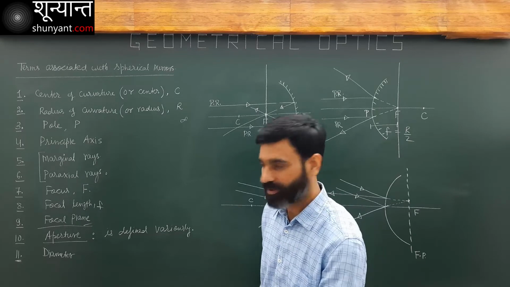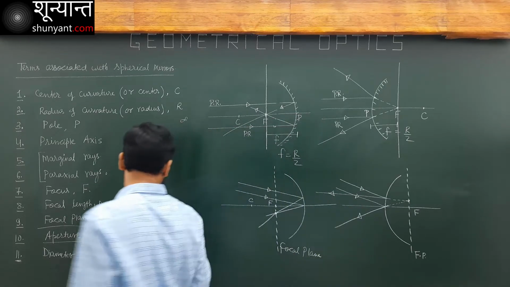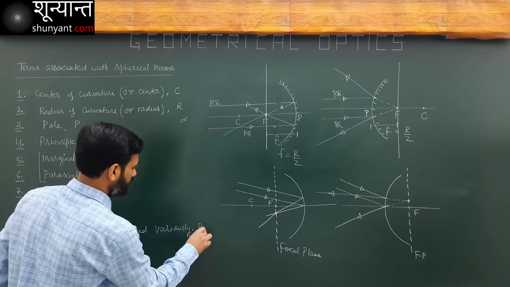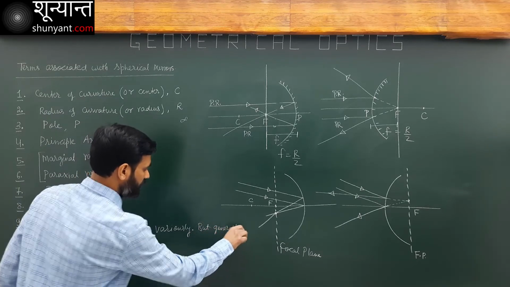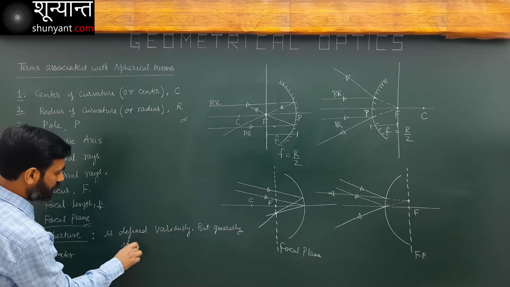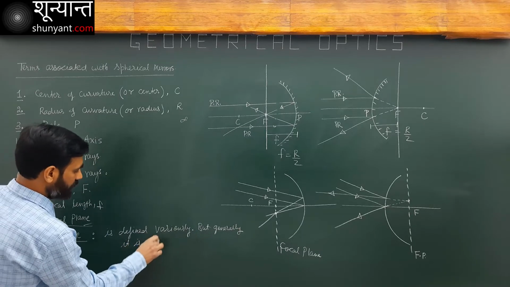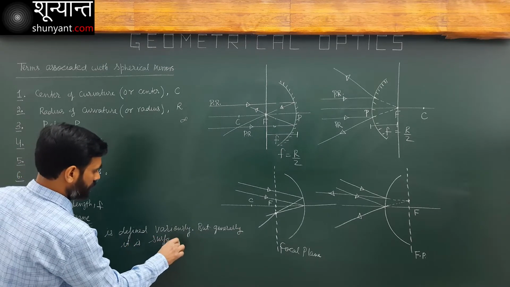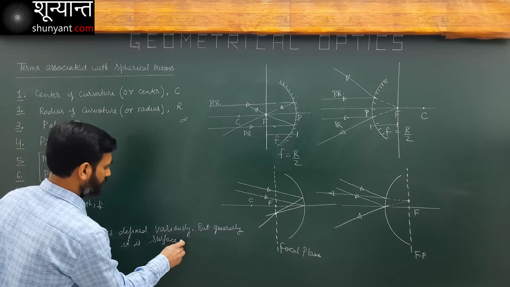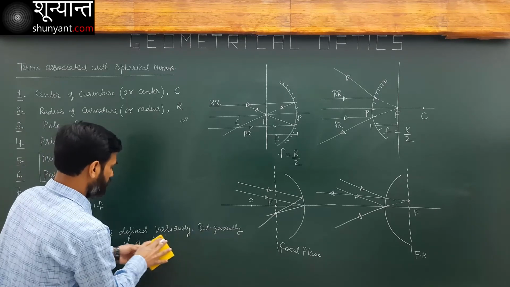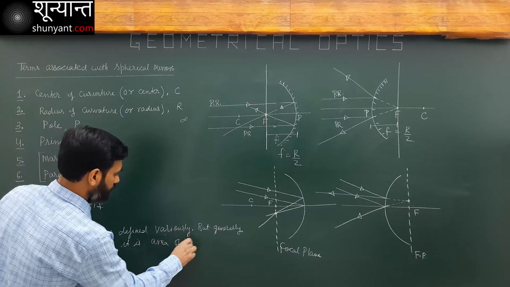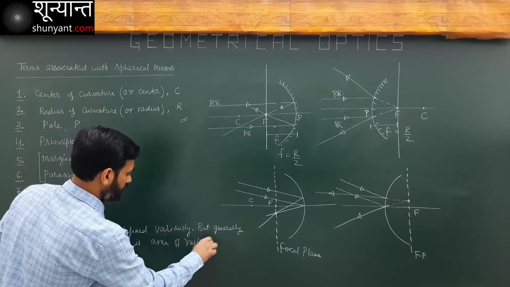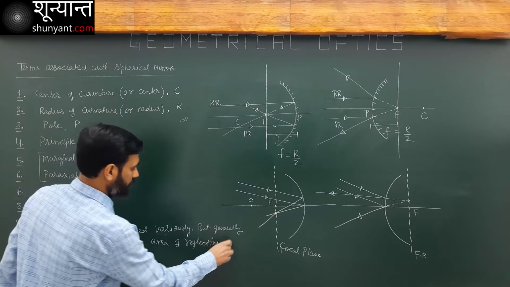But generally, it is the area of the reflecting surface.